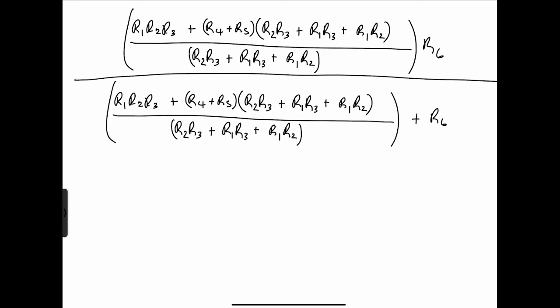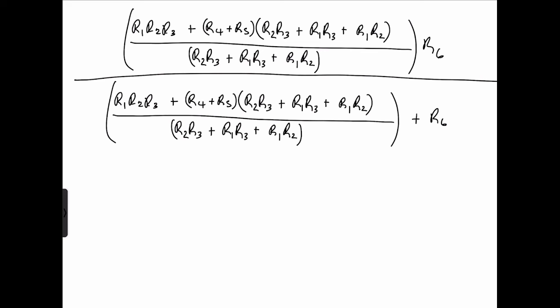So we can simplify this by getting a common denominator for the denominator in this fraction. So if we multiply this through, we see that cancels out. So we're then left with the following.